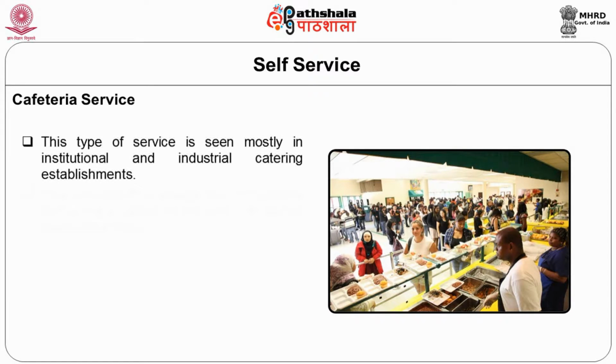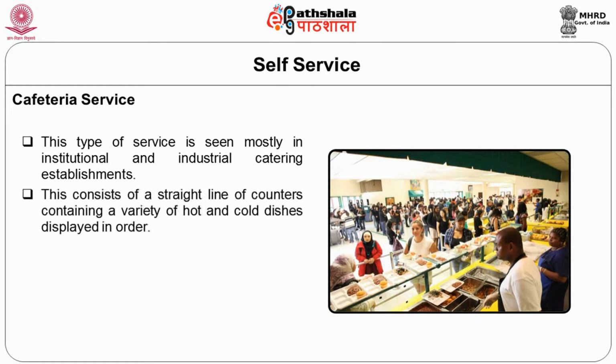This type of service is seen mostly in institutional and industrial catering establishments. This consists of a straight line of counters containing a variety of hot and cold dishes displayed in order.